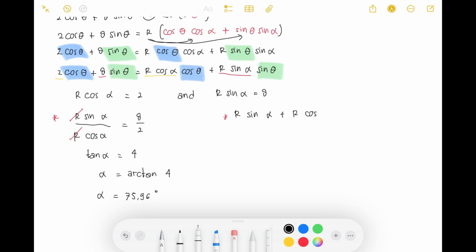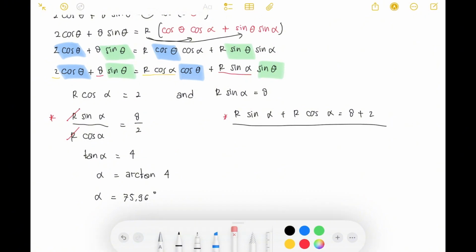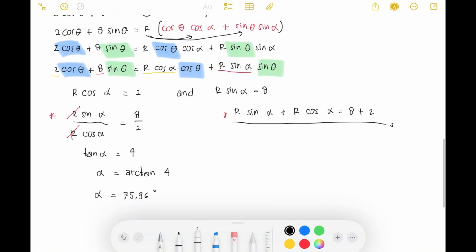R cosine alpha, here 8 plus 2. Okay, so this is r squared sine squared alpha, r squared cosine squared alpha, 8 squared, 2 squared.